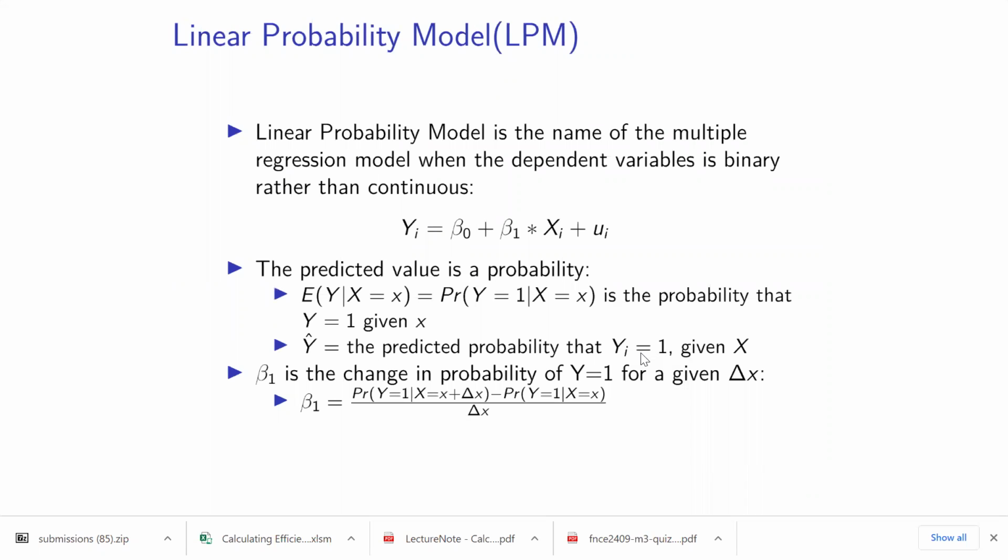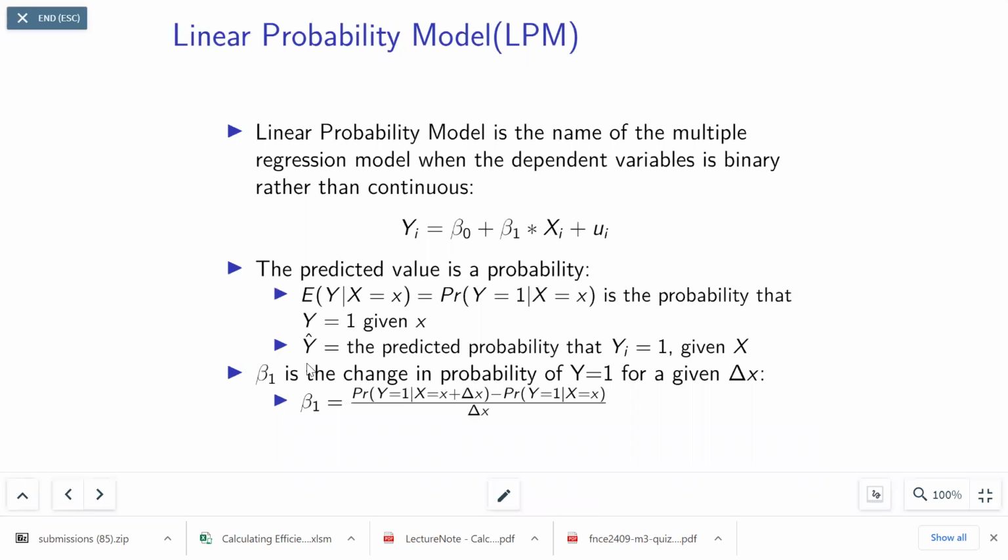Formally, the specification of the linear model is this. As you can see, it's identical to the specification of the linear regression model. The only difference is that now the dependent variable y is a binary outcome variable instead of a continuous variable. If you're using a linear probability model to fit the data, the interpretation of the predicted value of the model changes.